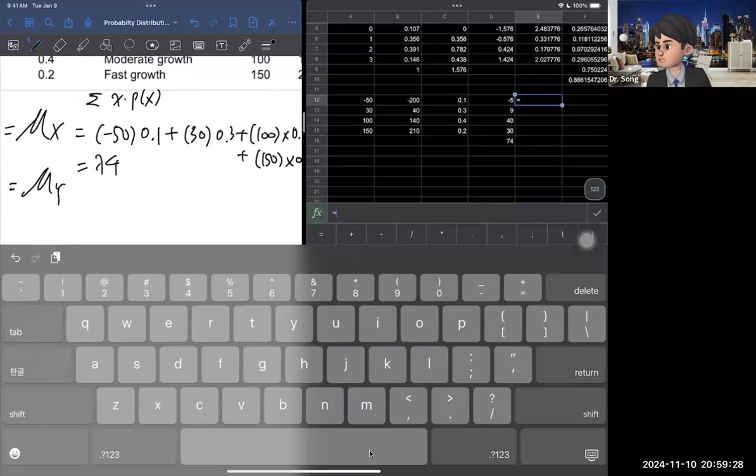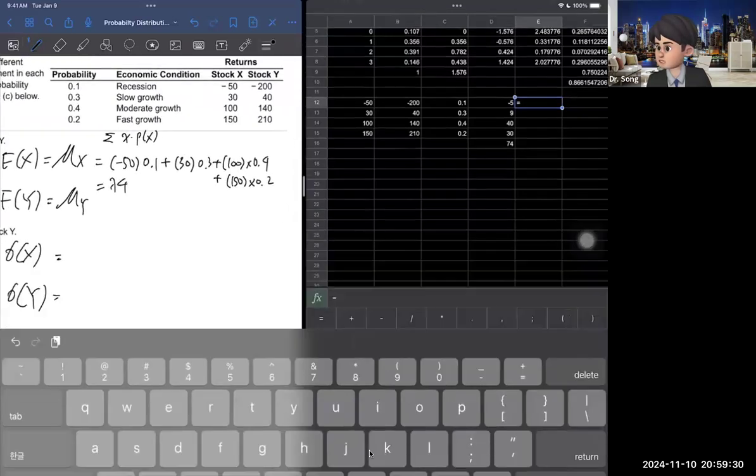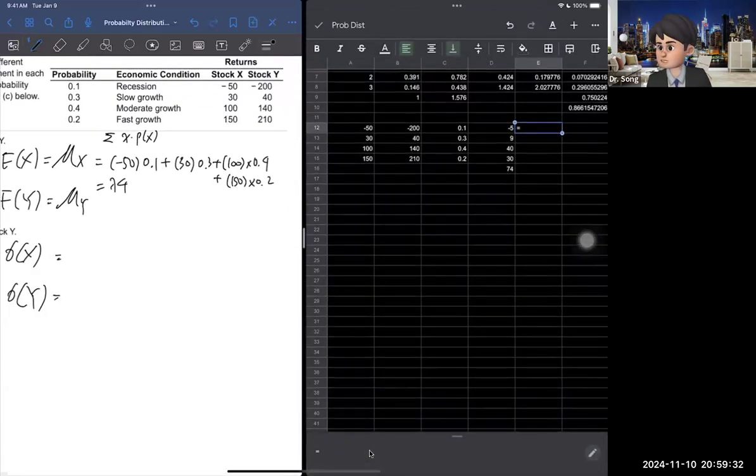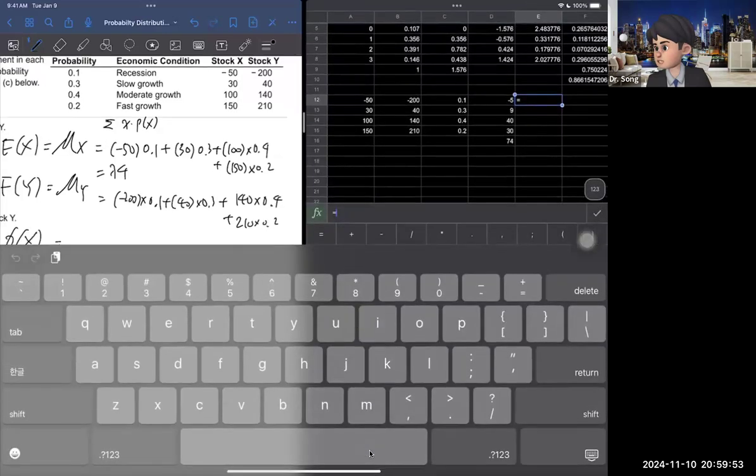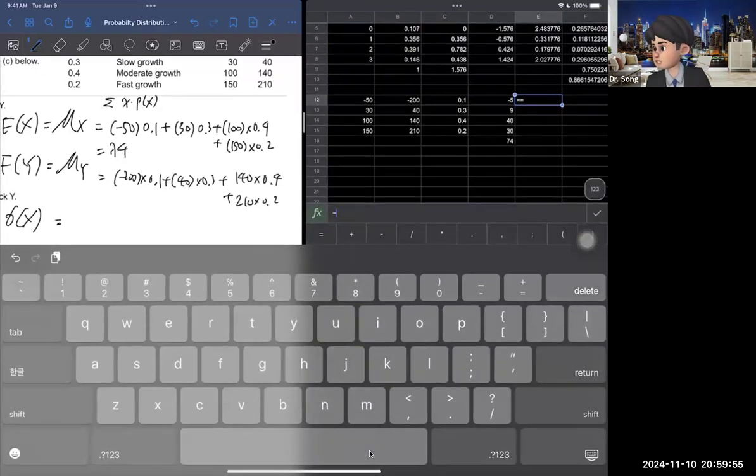Here, let me skip writing down the equation. Basically the same step: negative 200 times the probability 0.1, 40 times 0.3, plus 140 times 0.4 plus 210 times 0.2. Once you understand the concept, you may not need to write down the equation.